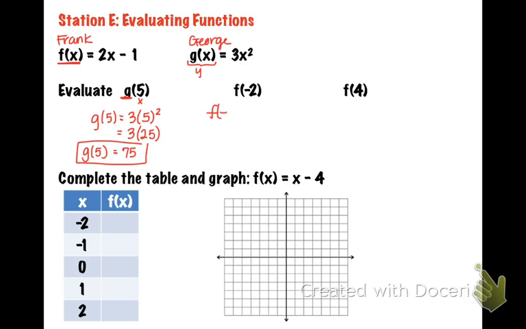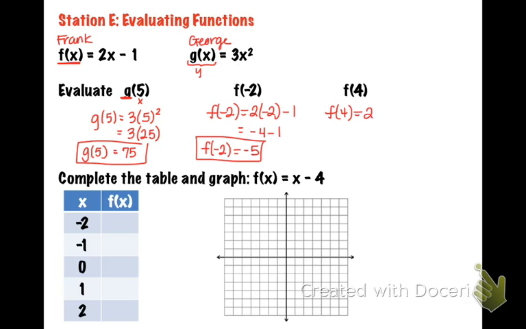So f of negative 2. F of x is 2 times x minus 1, so we're going to do 2 times negative 2 minus 1, which is negative 4 minus 1. So f of negative 2 equals negative 5. Last example, f of 4.